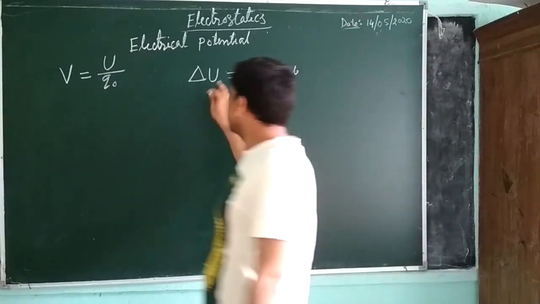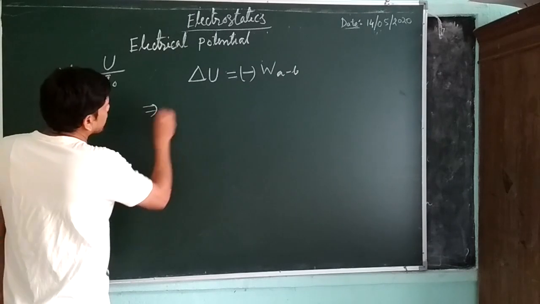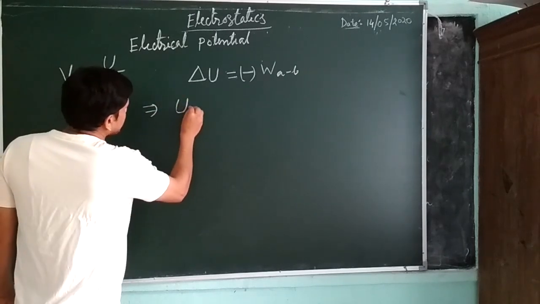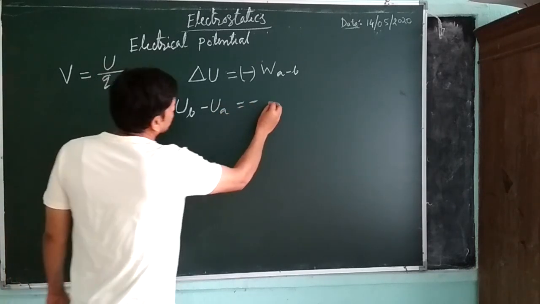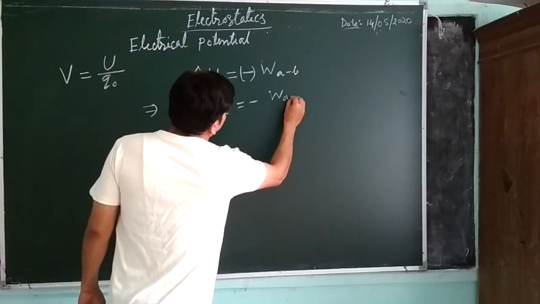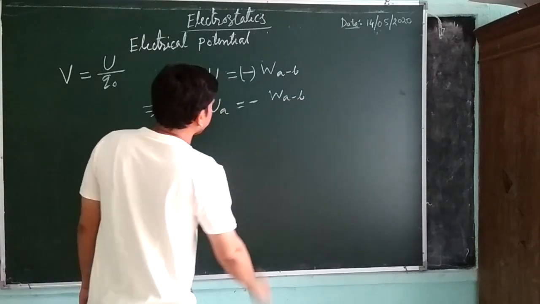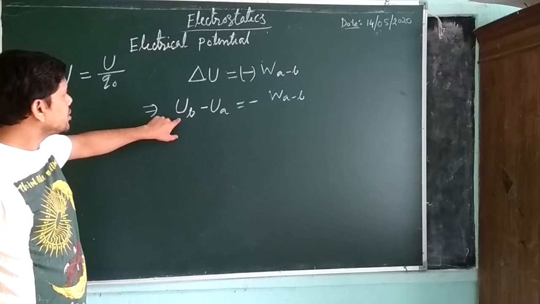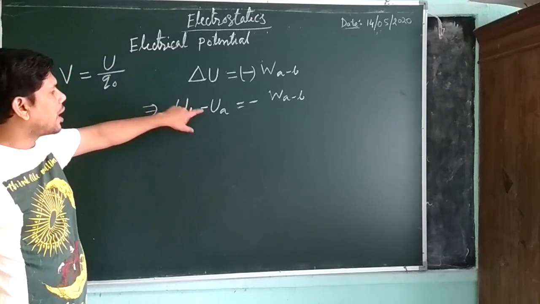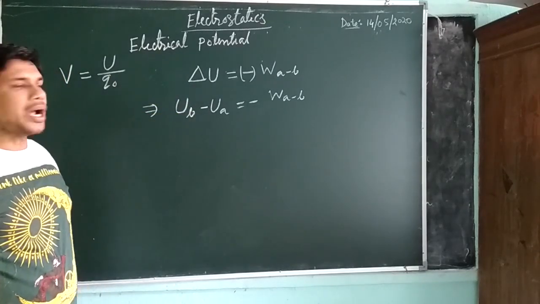From this equation we can write UB minus UA equals minus W A to B. UB means potential energy at B point, and UA means potential energy at A point.